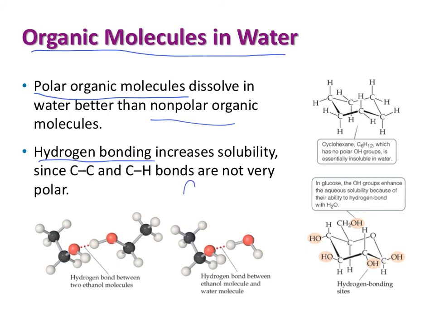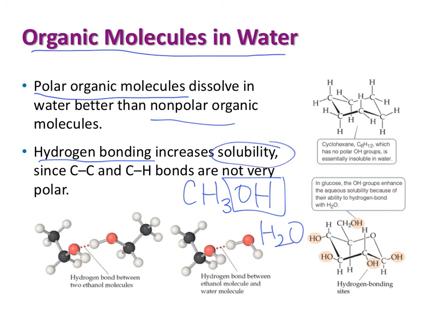So for example, let's say we have methanol, which is CH3OH. That OH right there can hydrogen bond with water. Because of that, you have a higher solubility. And when comparing just polar versus non-polar, obviously the polar is going to dissolve better in water.